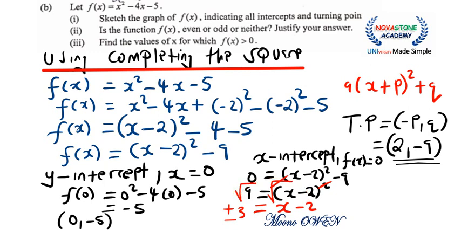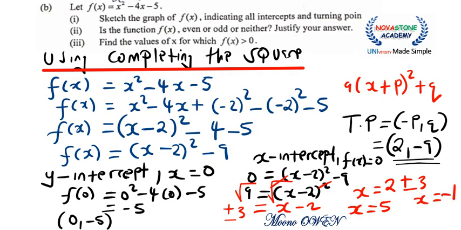I'm going to have x is equal to 2, positive or negative 3. Therefore my x will be equal to 2 plus 3, that gives me 5. Another value of x will be equal to 2 minus 3, that gives me negative 1.